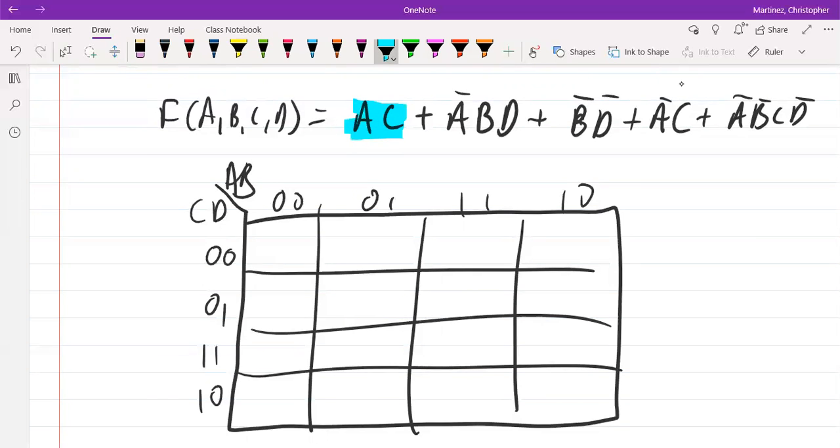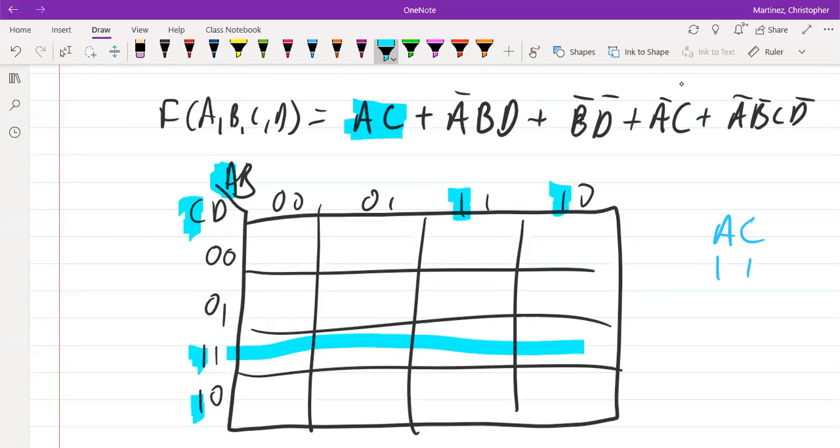Let's look at this A and C. In this A and C, I know for starters that A is a 1 and C is a 1. So I'm going to look at A, looking for when A is a 1. And then I'm also going to look at C, when C is a 1.